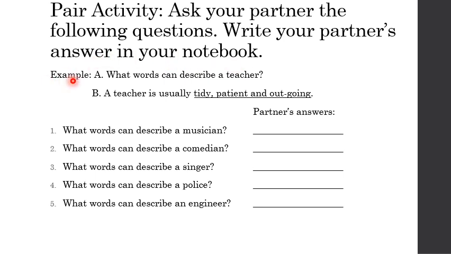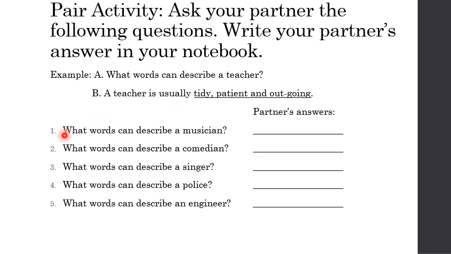For example, what words can describe a teacher? Your partner will say, for example, a teacher is usually tidy, patient, and outgoing. At least three personalities or characters, at least three adjectives. Tell your partner to think of their answer.